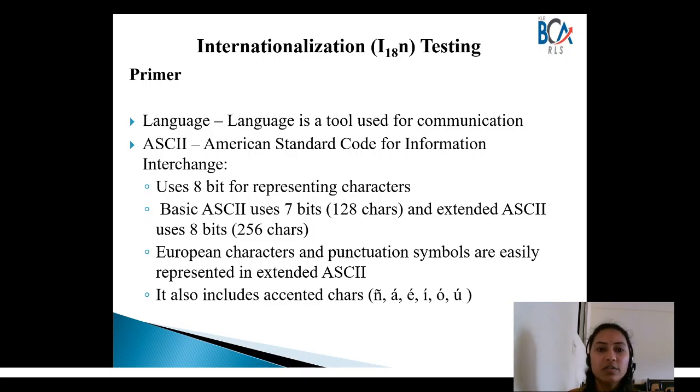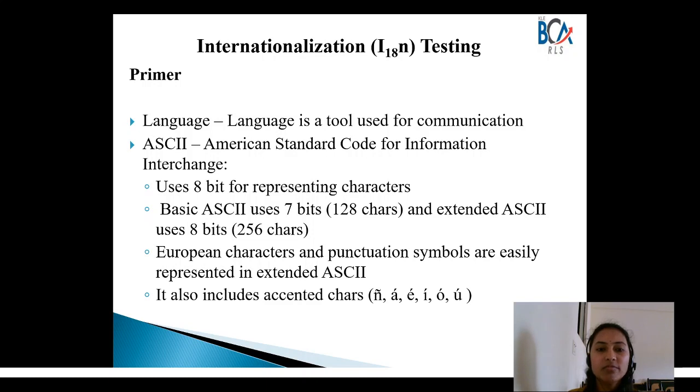So ASCII, which is the American Standard Code for Information Interchange, is used for representing the characters. In the computer, in the application, you can develop the language support using the ASCII standards, right? The basic ASCII uses 7 bits, which is 128 characters, and the extended ASCII uses 8 bits, which is 256 characters.